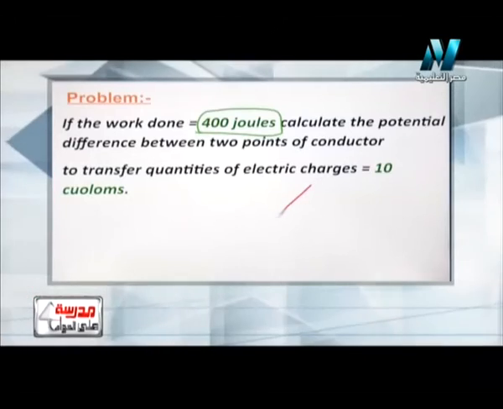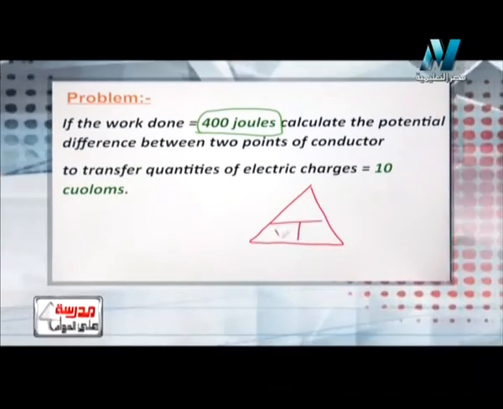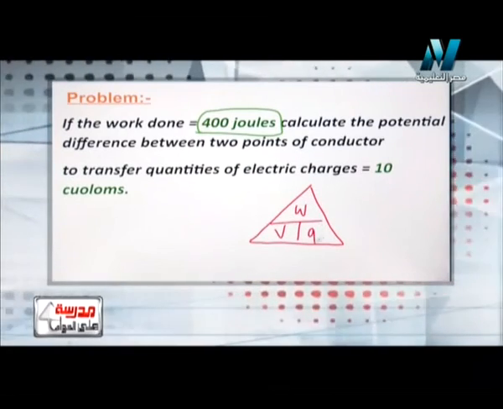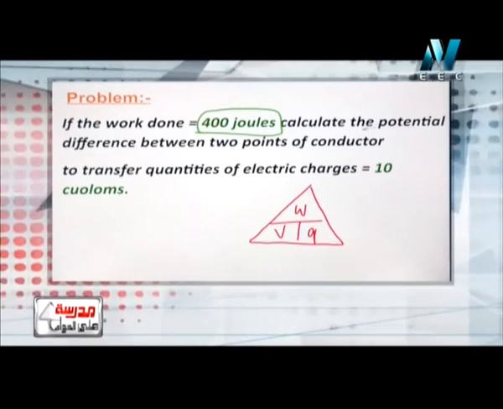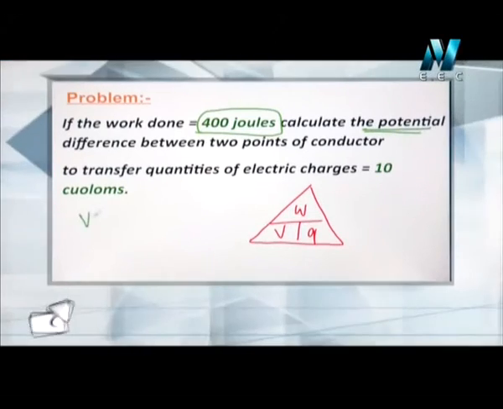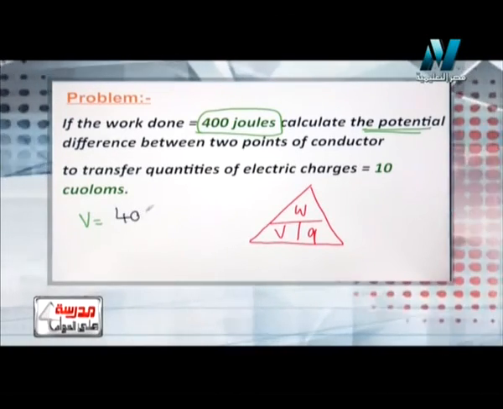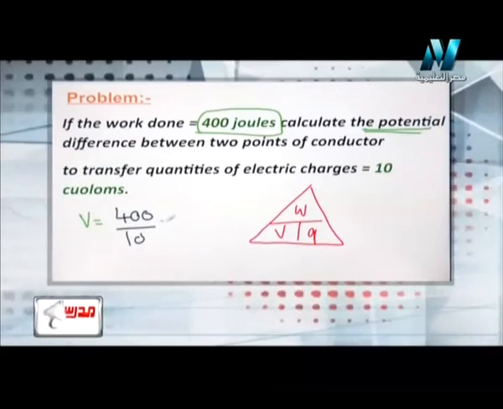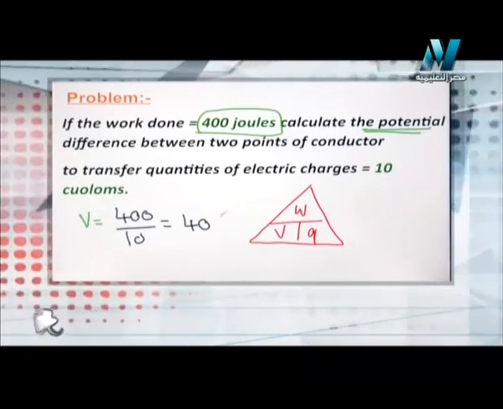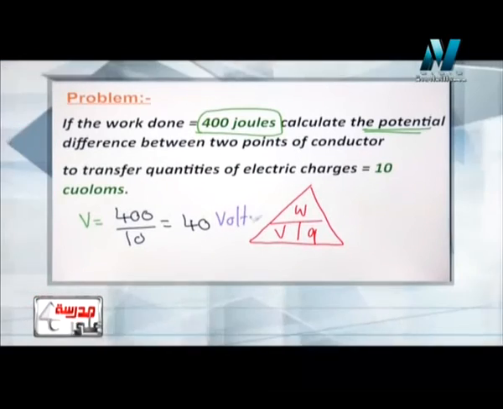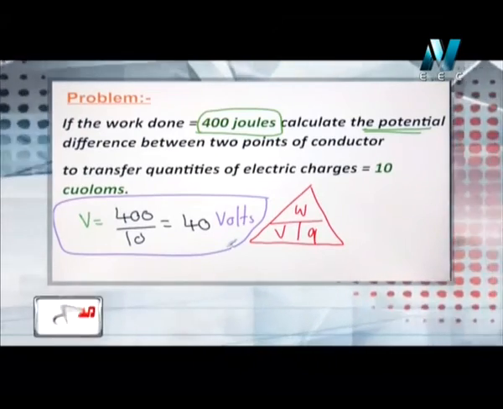From the magic triangle as we studied before, V equals W over Q. So V equals 400 over 10, which is 40 volts.